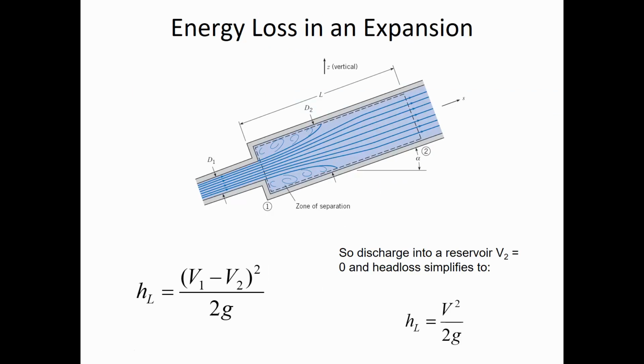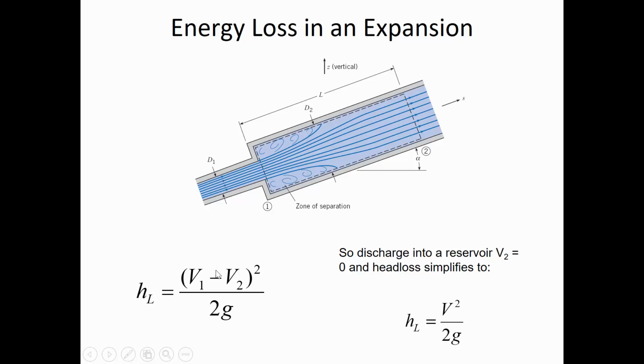We had one of the fittings that you tested yesterday, actually I think maybe the last one, where there was an expanding pipe. In that expanding pipe, the head loss sometimes is calculated in a simplistic way as the change in velocity squared divided by 2g, if you don't have a calibrated K factor.